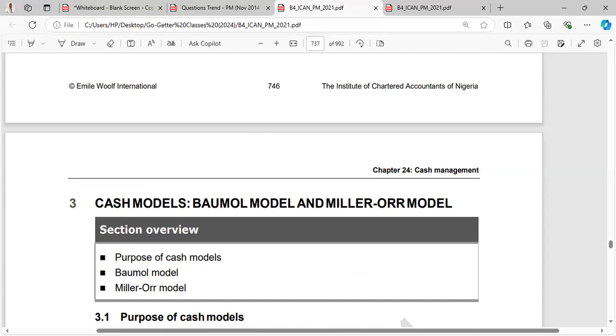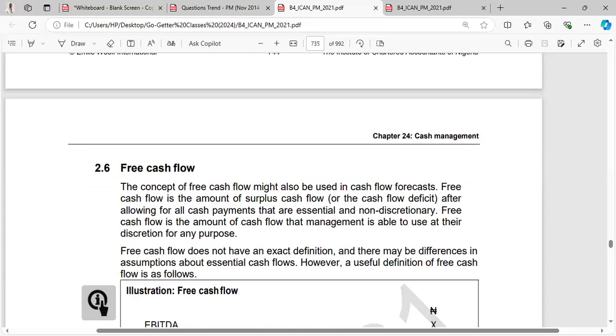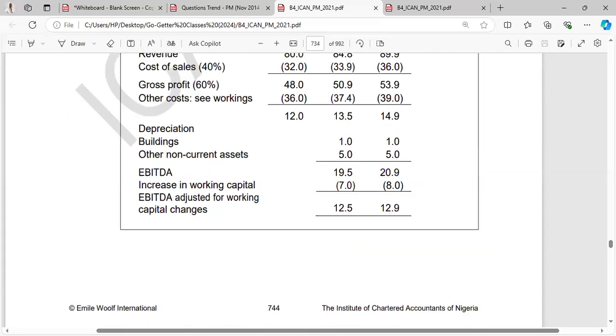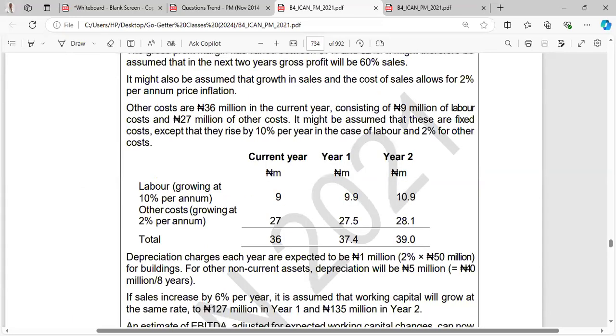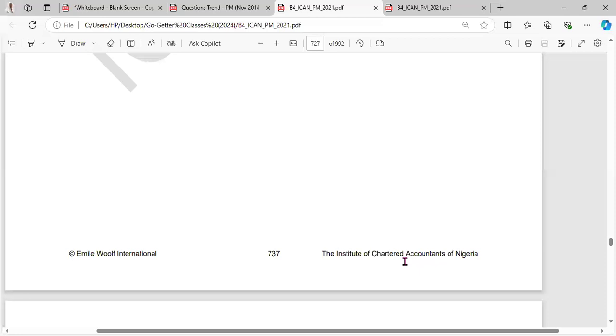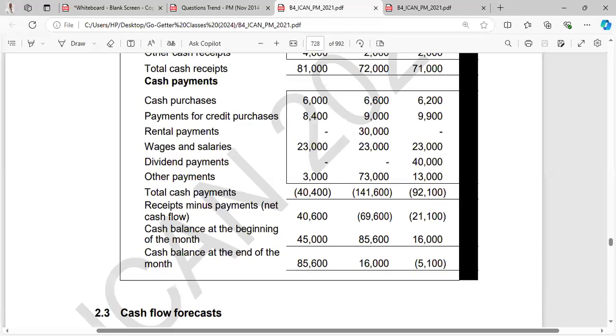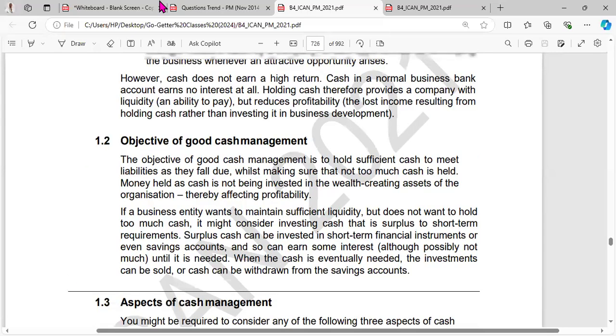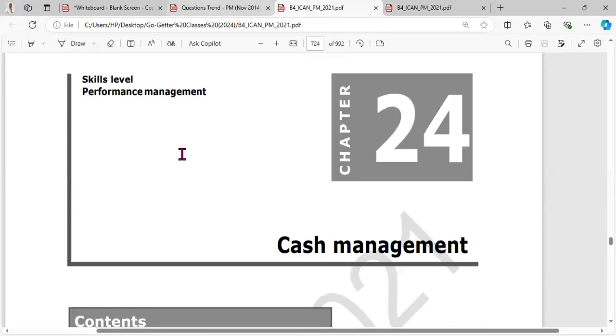There's no question for us here to use cash budgets. So this is a cash budget. I wanted us to see if there's other examples of cash budgets, but it appears there is no example. So let's see if we can see a question on cash budgets.